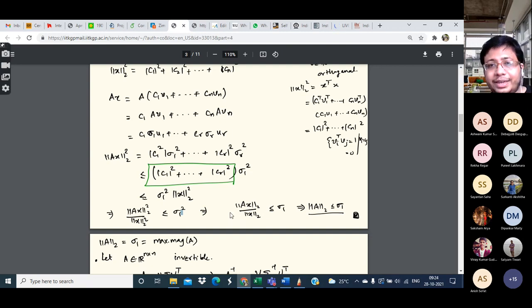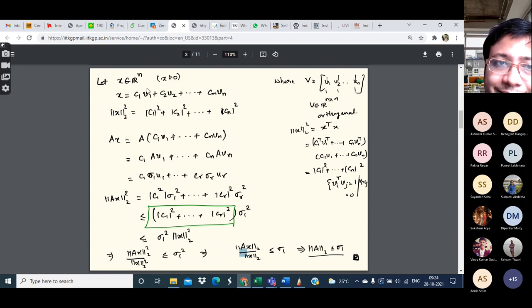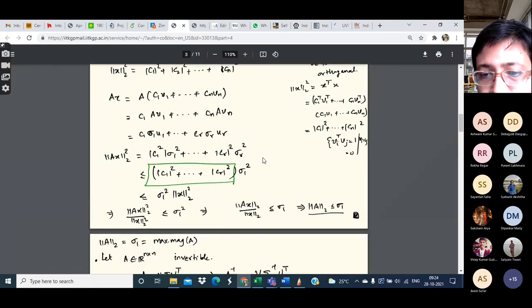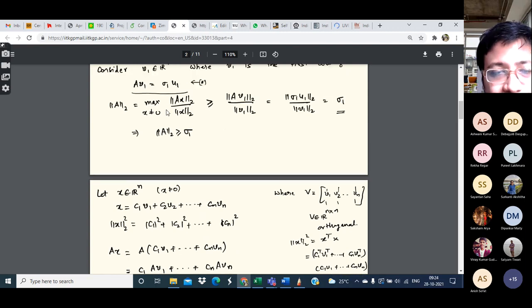So basically it is saying that whatever x I choose, this quantity is less than or equal to sigma 1. If this is true for all x, remember that x is just any n-dimensional vector. So that means that since for any vector x this relation holds, the operator norm of A must also be less than or equal to sigma 1, just like we had said in the earlier case.